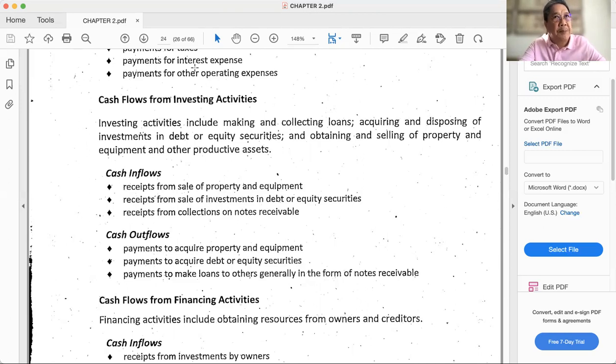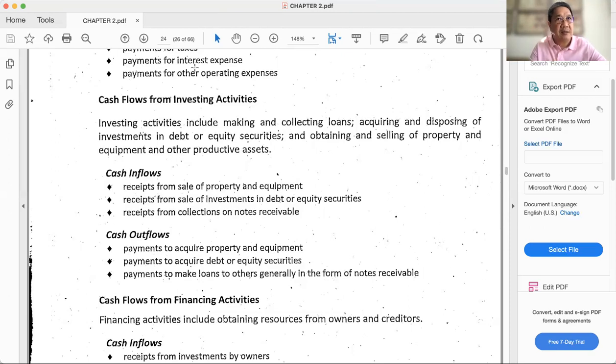Equipments mo na luma na, pinalitan mo na ng bago, investment yun. Investing activities yun. Sale of investment in debt and security services. Meron kang time deposit or investment sa bonds na ginawa mong pera, kinonvert mo na sa pera. Investing activities yon.